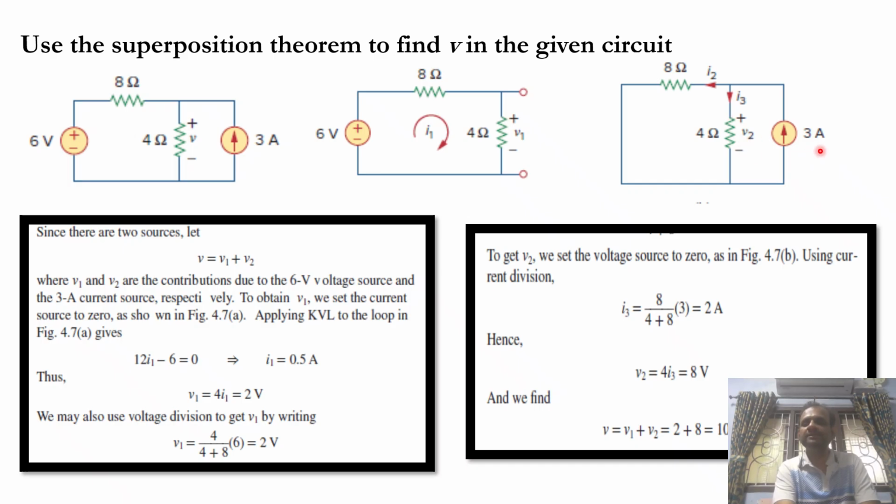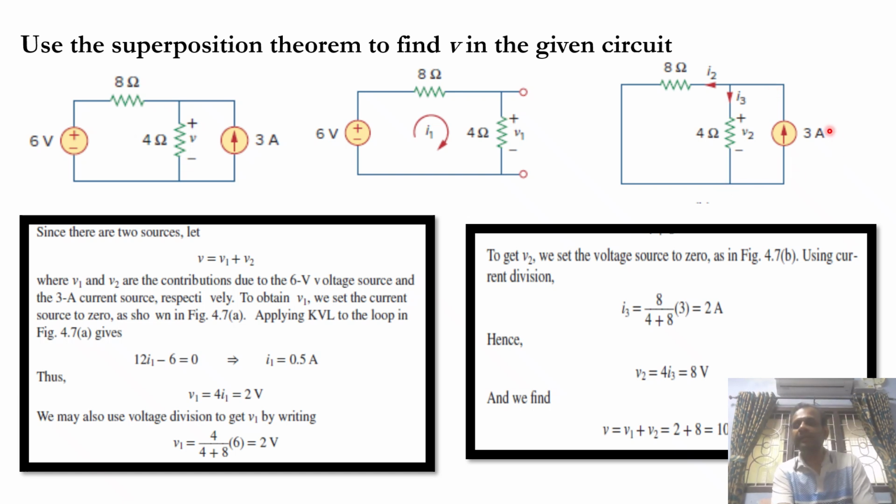So current is 3 ampere. So what is a current division? Current division is calculated by total current into the current which you want to calculate. Say if you want to calculate current through 4 ohm, then 3 ampere into 8 by 4 plus 8. That is given here. So how to do current division?